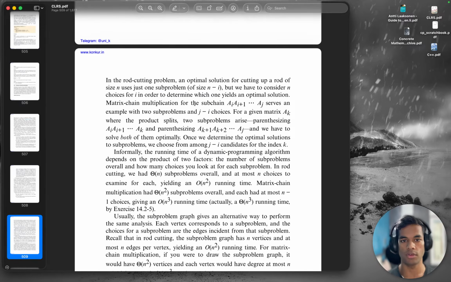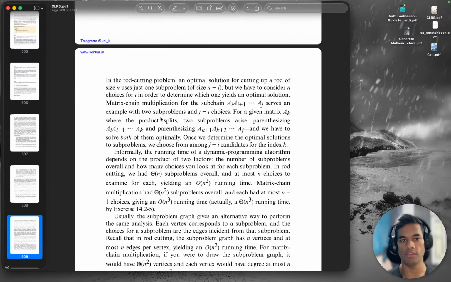Matrix chain multiplication for the subproblem chain serves as an example with two subproblems and j minus i choices. Two subproblems for each choice, and in total j minus i choices.